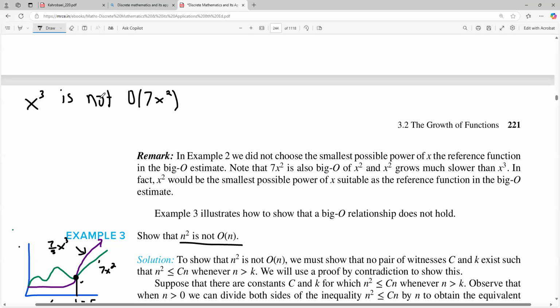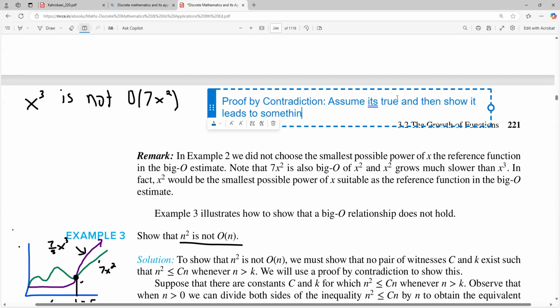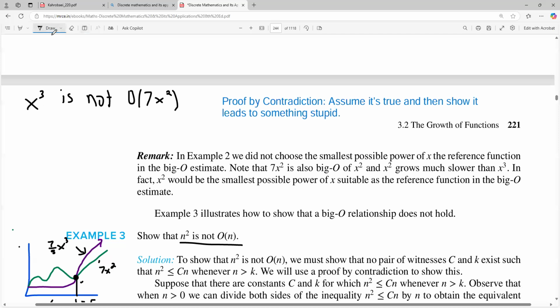Okay. All right. And let's do this. So assuming this is true, this is the idea of proof by contradiction. Assume it's true, and then show it leads to something stupid. Okay. Let's see if this is the case. So assuming this is true, what is the definition of big O?